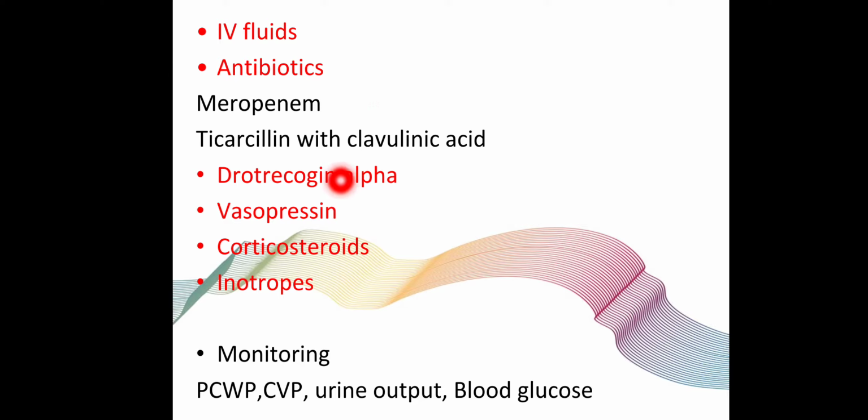Another, there are some newer drugs which have been tried for septic shock. One is drotrecogin alpha, right? This particular agent is actually an anticoagulant but has been tried for treating septic shock, and by which mechanism it is helpful in shock has not been clearly known, but basically it has anticoagulant action, and it is also helpful in septic shock, right?